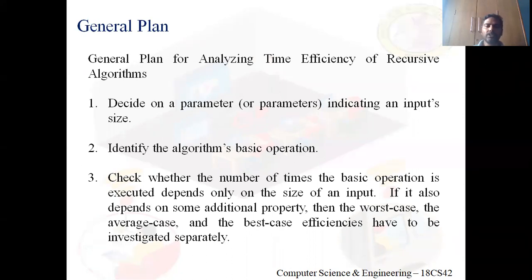The first and foremost thing is that among the parameters, you need to identify the parameter that acts as the size of the algorithm. Like in an array, n is the size. In a matrix, the order of the matrix is the size, that is m and n. That is the first step: you need to identify the parameter that acts as size.